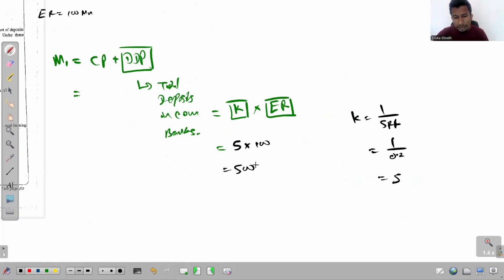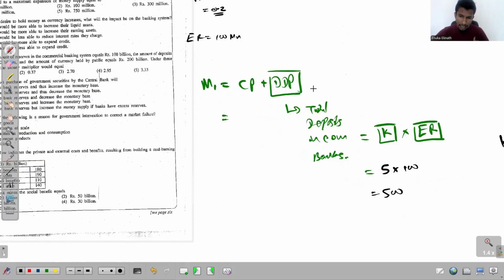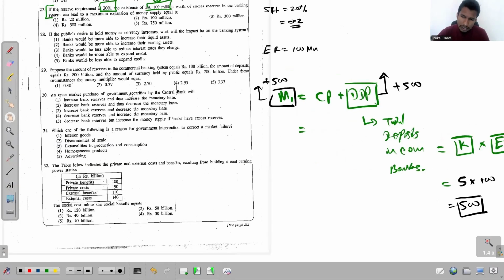So as a result of having this 100 million worth excess reserve, they can create a total deposit of 500 million in the entire banking system. So when this gets increased by 500 million, even the narrow money supply increases by the same 500 million. So that's the answer, right?